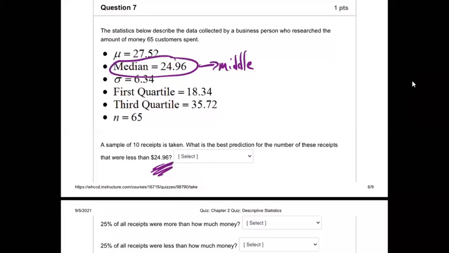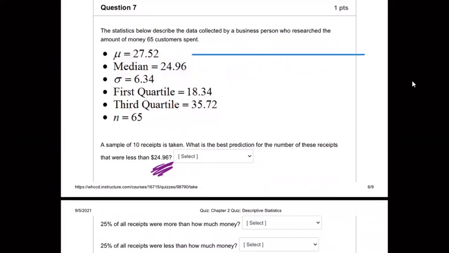That's the very middle. So now, maybe what would be helpful here is to do a box plot. Let me just do a quick little box plot. Remember how the box plot works? The middle of the data is right here.